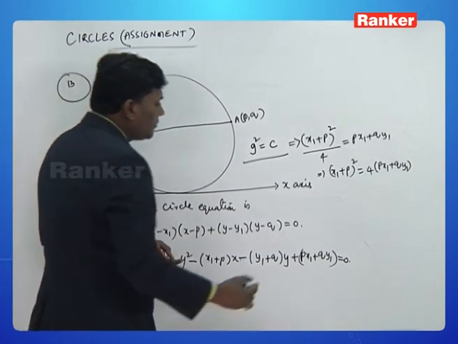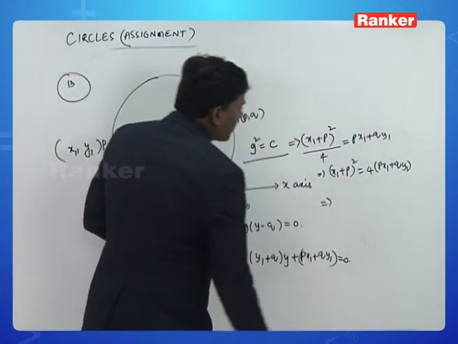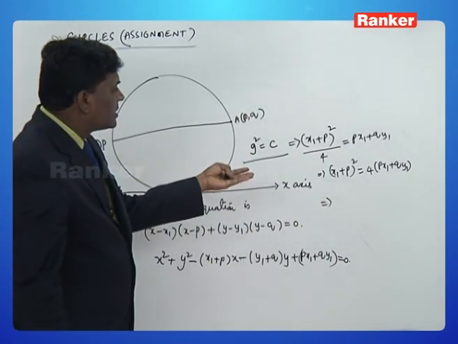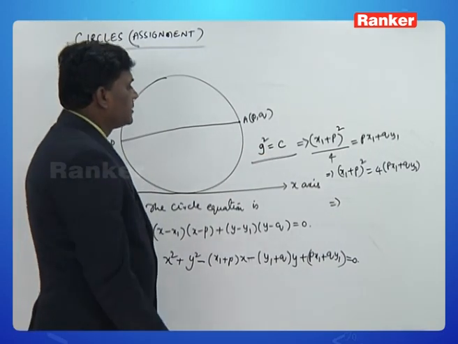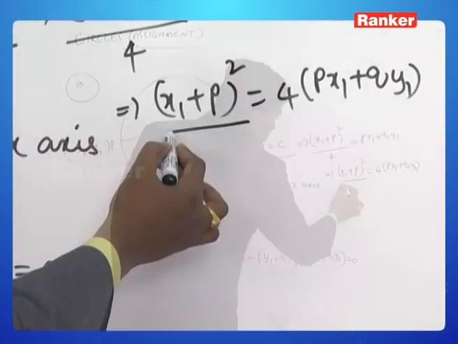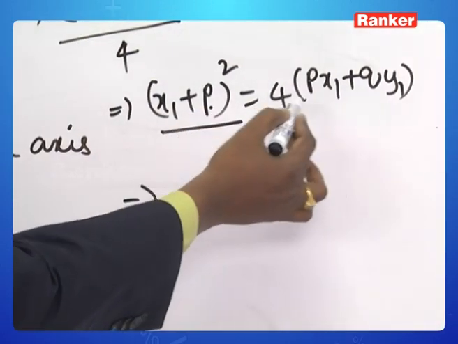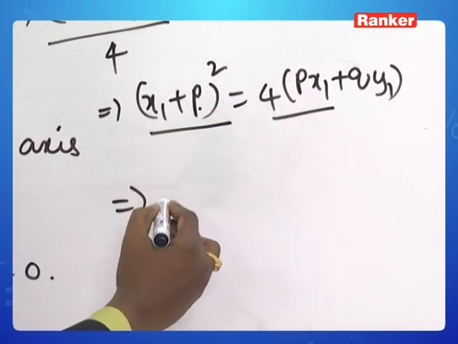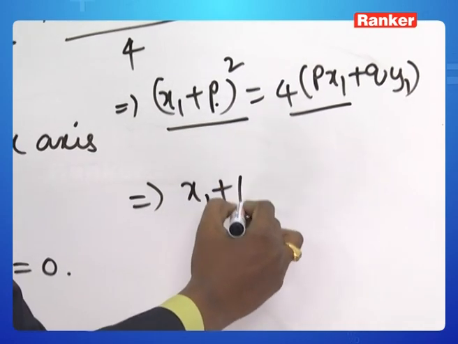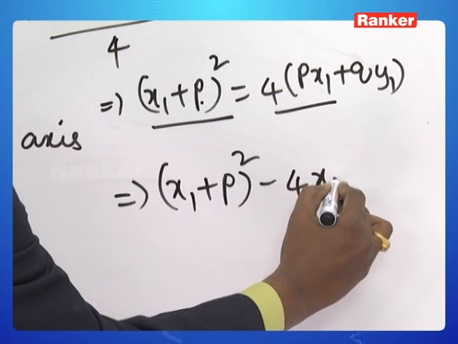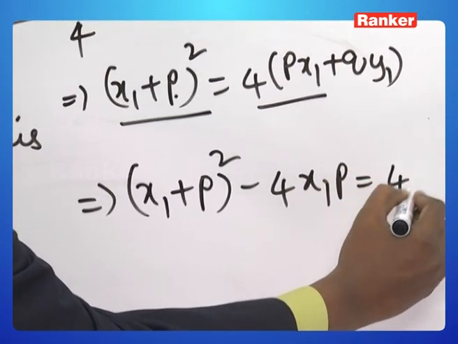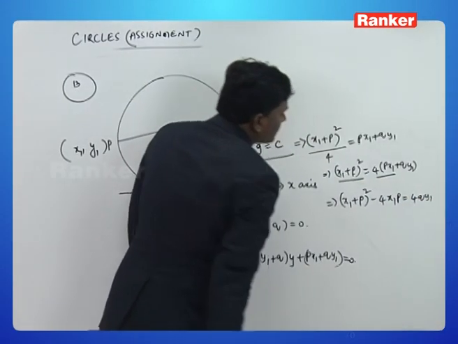Now if we simplify this equation further according to the given options here, we know that transferring to the left side, x1 plus p whole square minus 4px1 equals to 4qy1.